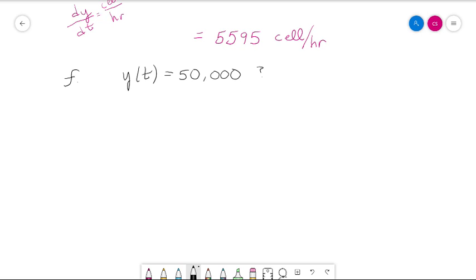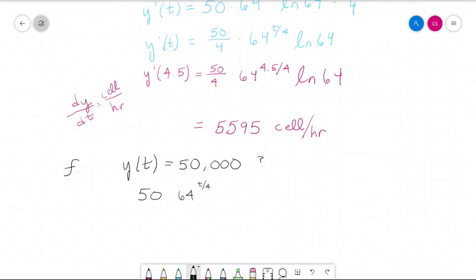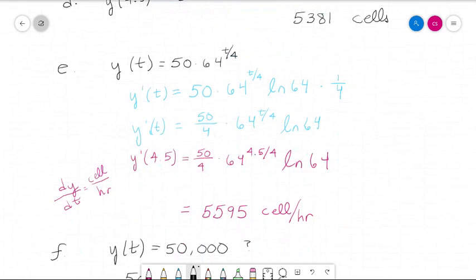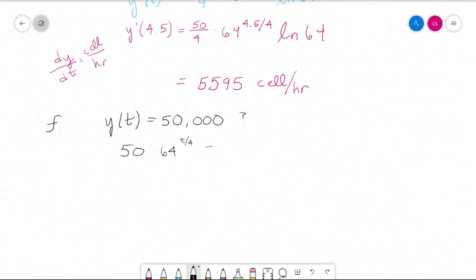Well, let's bring in our y function, which is 50 times 64 to the t over 4. Right? Where are we going? I forgot our function. There it is, 50 times 64 to the t over 4. Okay, we want to know when that's equal to 50,000.